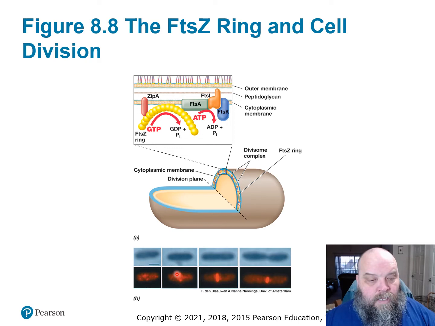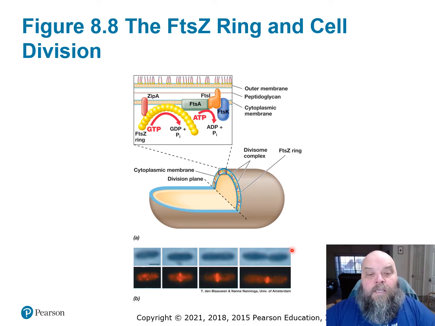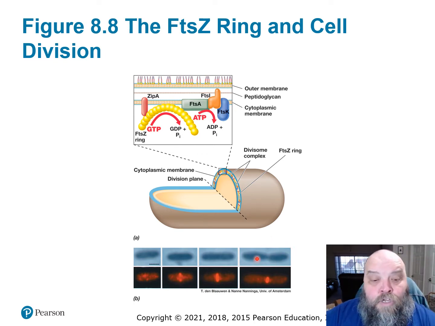You look here in B, you can see the setting up of this FtsZ ring. And as the ring gets there and it contracts down, you get alteration of the envelope where it pinches in. And then you'll ultimately end up with two independent cells.